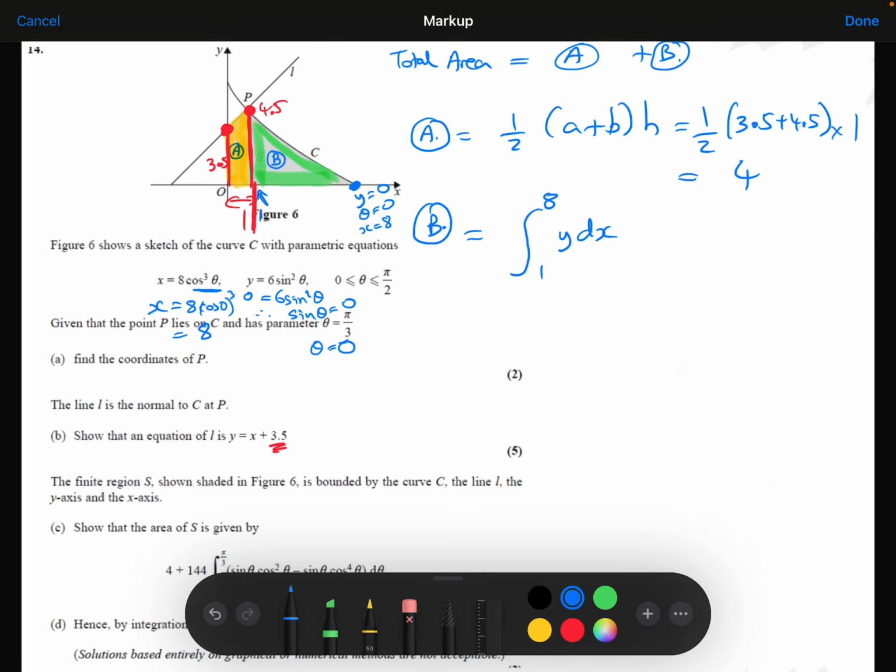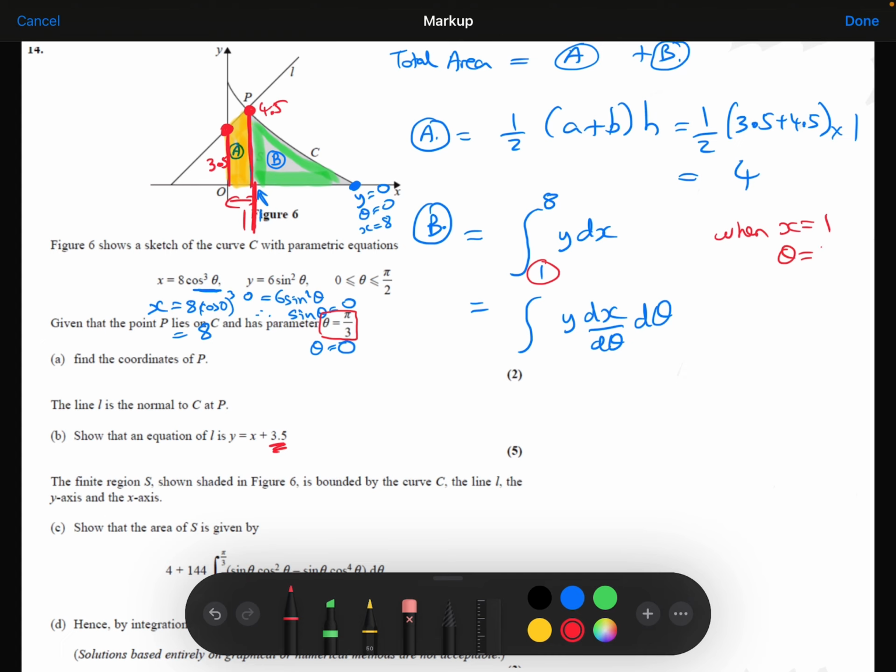But obviously in this case we are going to be integrating with respect to theta and not with respect to x. So we need to change this. We need our limits to be in terms of theta, not x. So when x equals 1, our lower limit, theta was pi over 3.